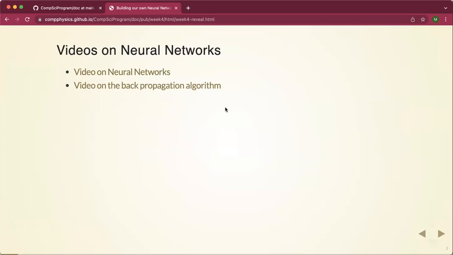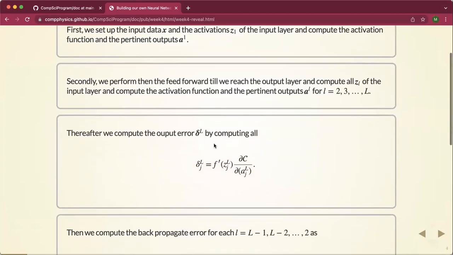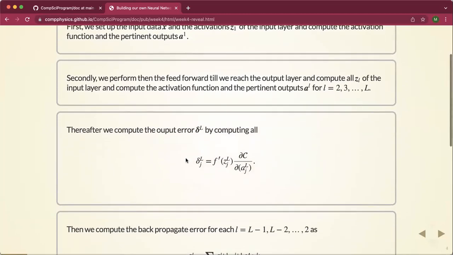This is the topic which I wanted to remind you of before we move on to write our own neural network code. We're going to quickly go back to the whiteboard and remind ourselves of some of the mathematical details when we look at neural networks. One of the things we computed last time is a quantity which we call the output error.